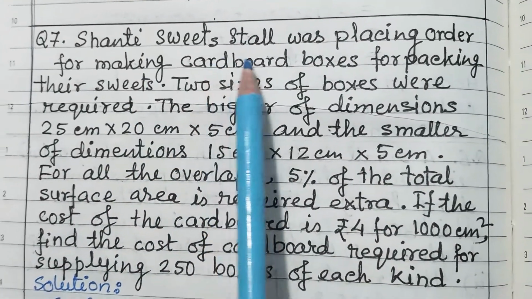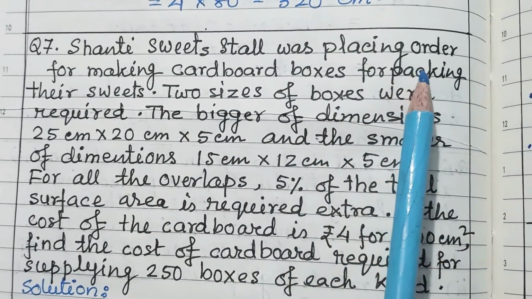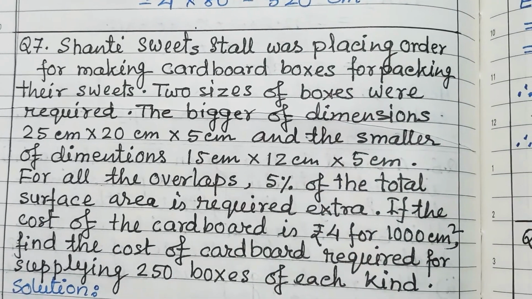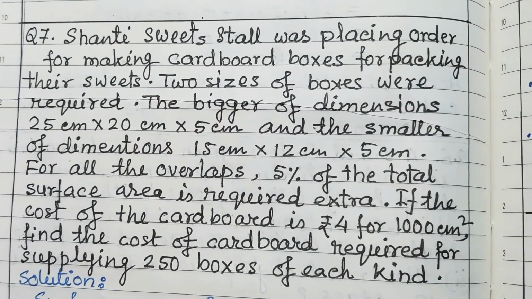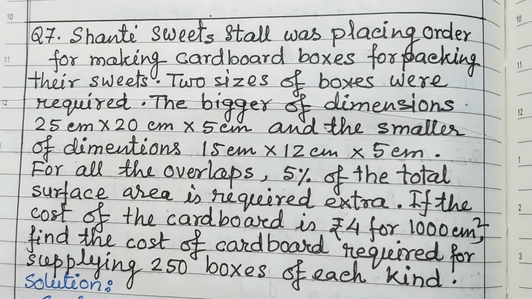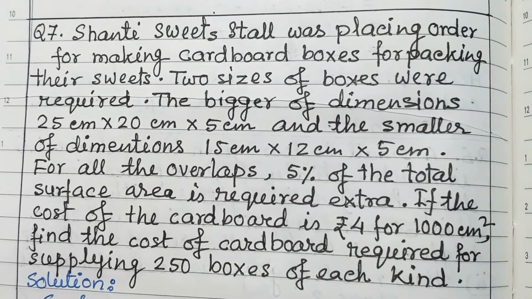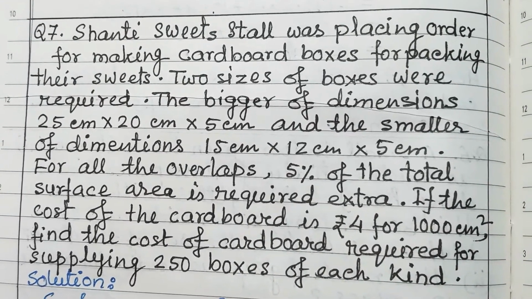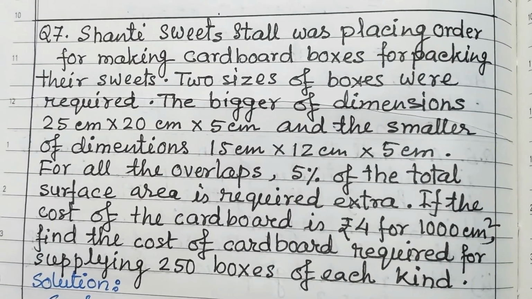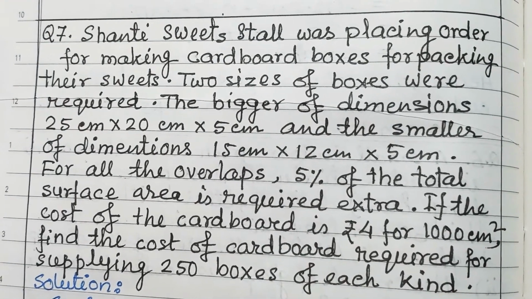Shanti sweets stall was placing an order for making cardboard boxes for packing their sweets. 2 sizes of boxes were required. The bigger of dimensions 25 cm into 20 cm into 5 cm and the smaller of dimensions 15 cm into 12 cm into 5 cm.